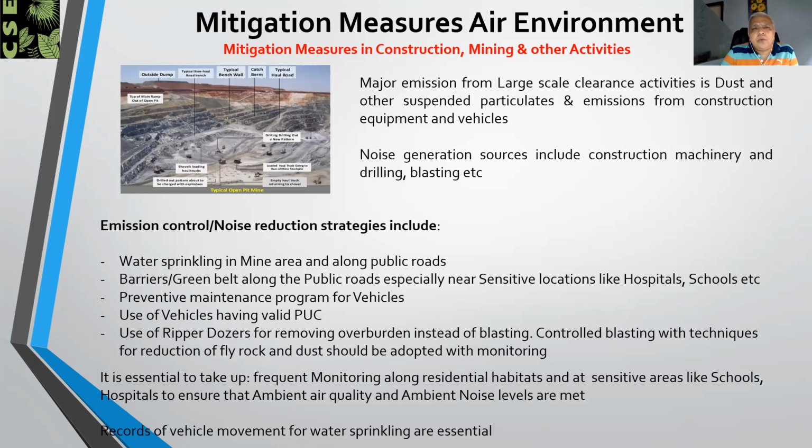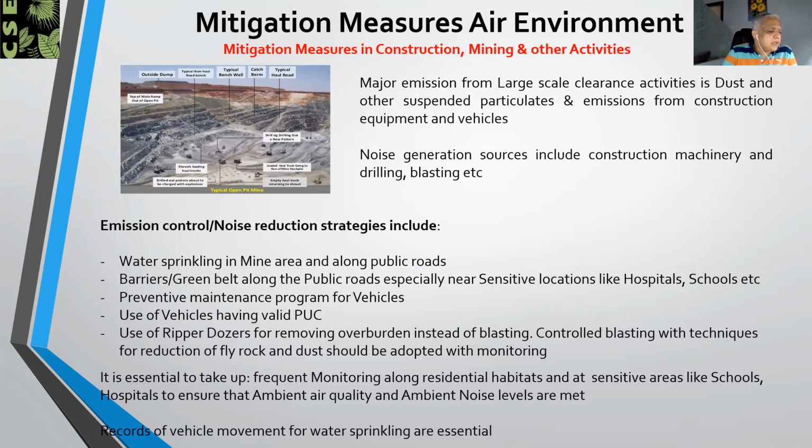Now coming to mitigation measures for the air environment for large area sources where land clearance is involved, like construction, mining, and other activities. The major sources of emissions are dust and other suspended particulates, and gaseous emissions from the various vehicles, as well as the noise from the drilling, blasting activities and the construction machinery.